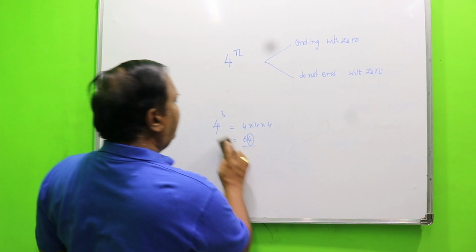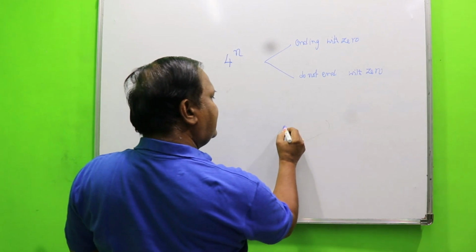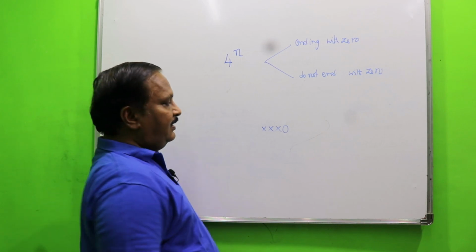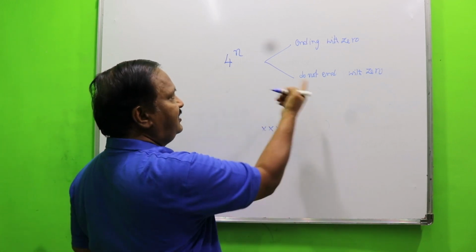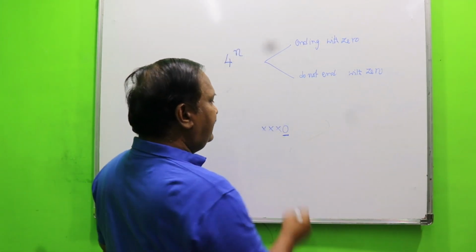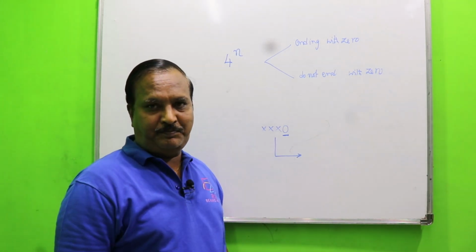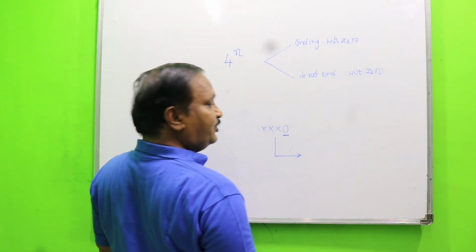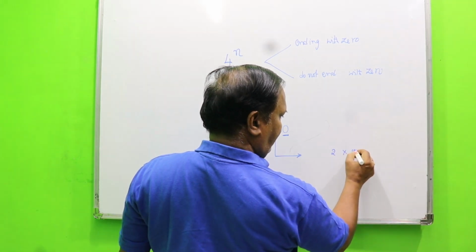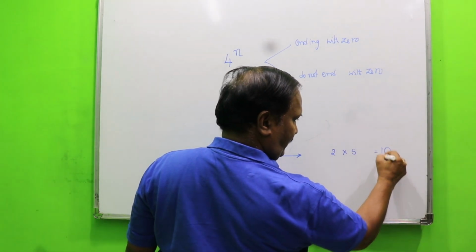Suppose this number ends with 0, that means the last digit should be 0. If it ends with 0, then it has a unique prime factorization, and in this unique prime factorization, a 2 will be there and a 5 will be there. Then only 2 into 5 gives 0.